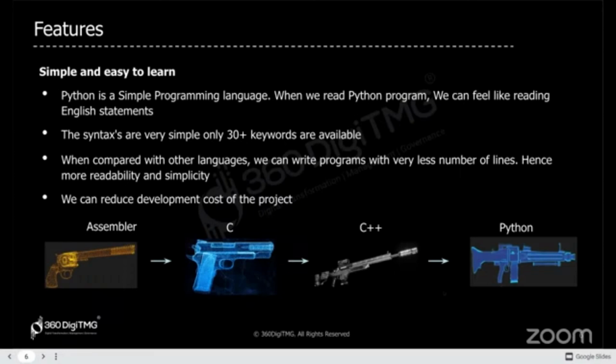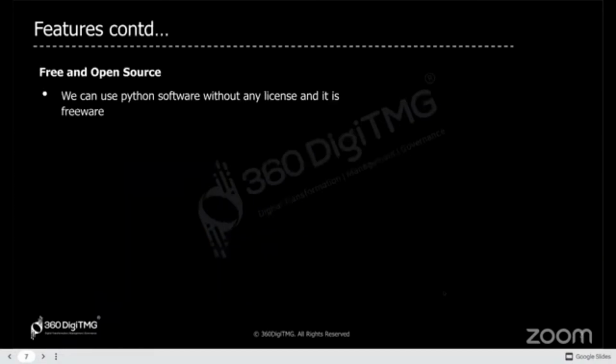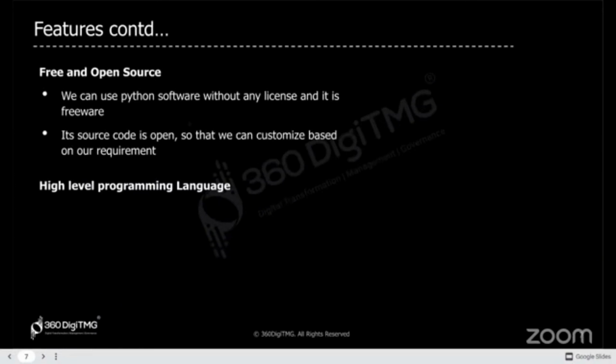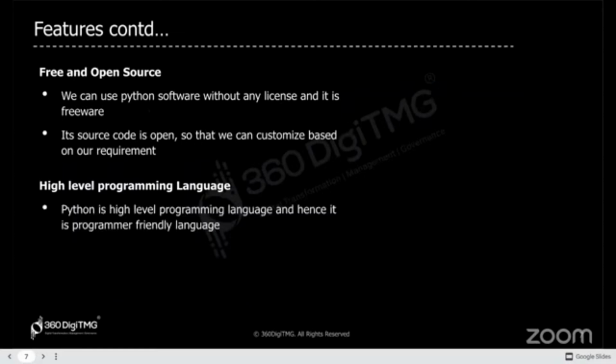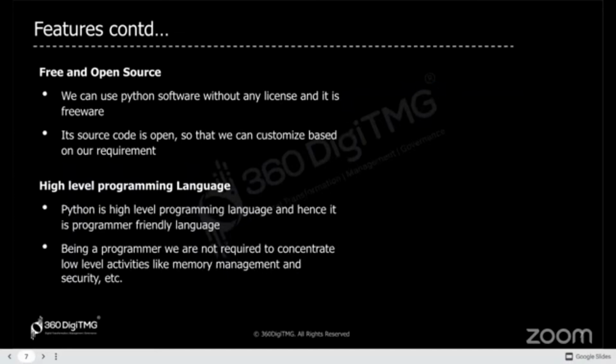That is Python. Now it is free and open source, which means if you want to download and install Python, you don't need to purchase any license. It is freeware and open source, so you can customize it based on your requirements.